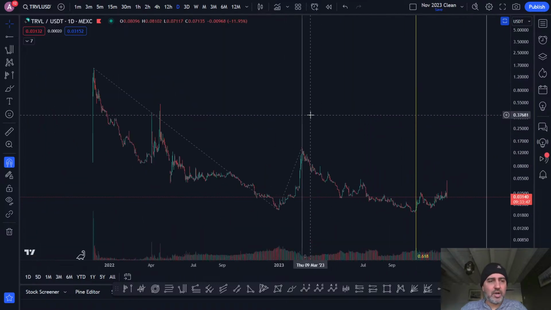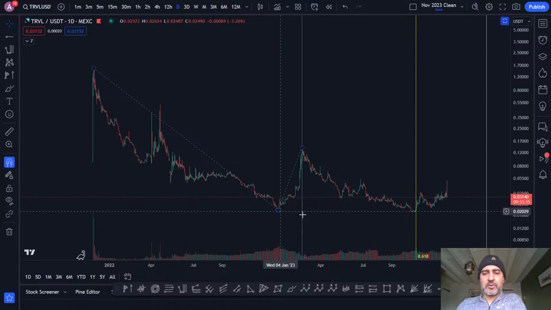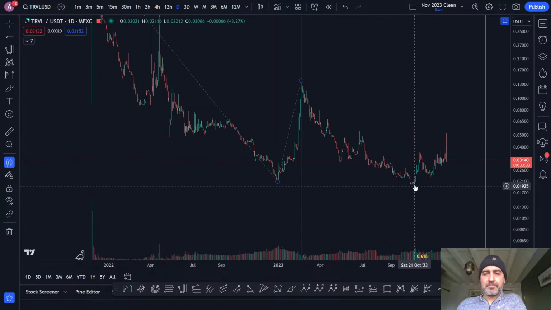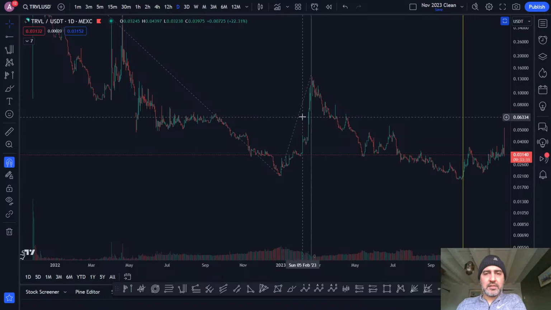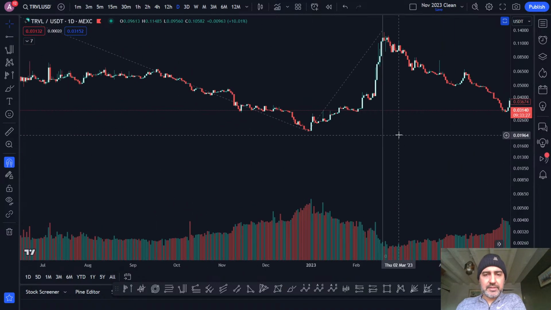What I noticed just by mapping those two points out, going from the all-time high to the first significant all-time low, the first one which we actually came to retest, to the high that followed that all-time low, right?